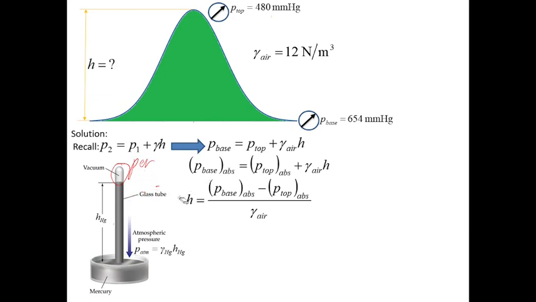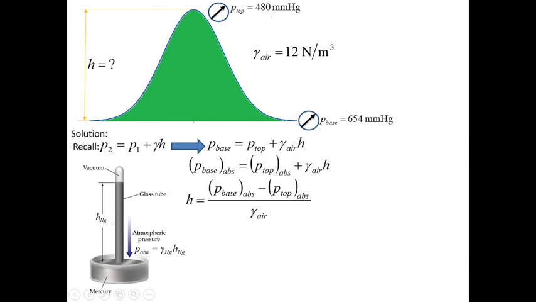Next, the height of mercury, when multiplied by the specific weight, corresponds to the atmospheric pressure, which is also the corresponding absolute pressure of the atmosphere at the base and at the top.